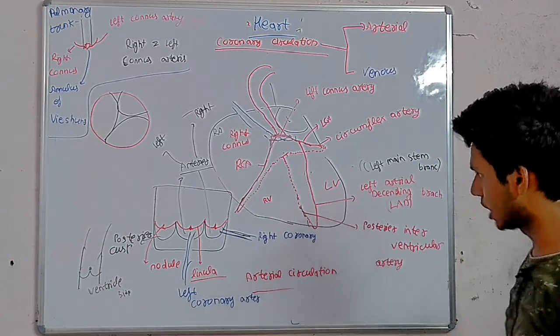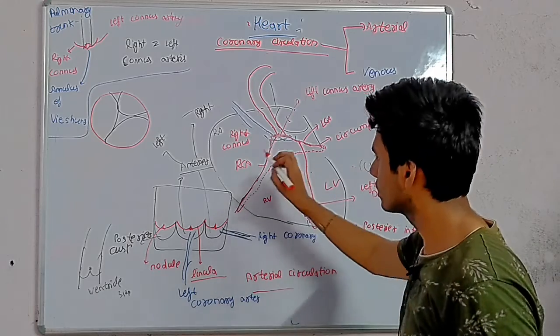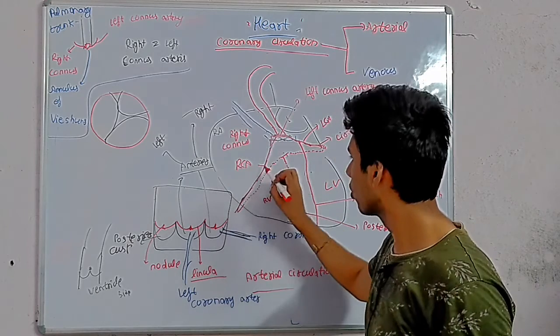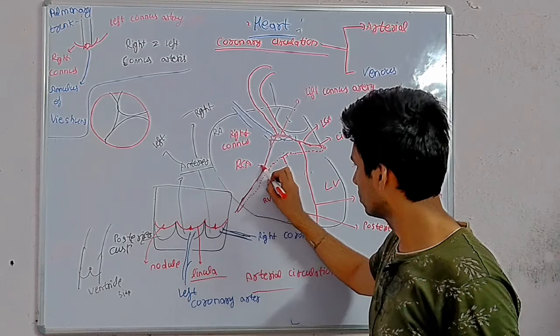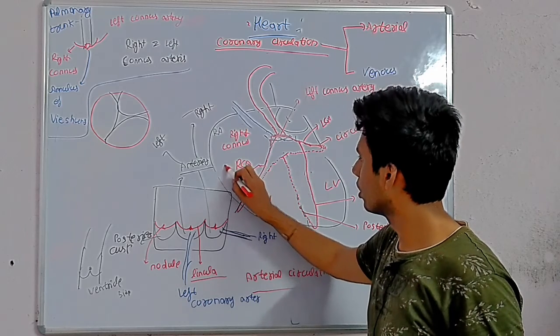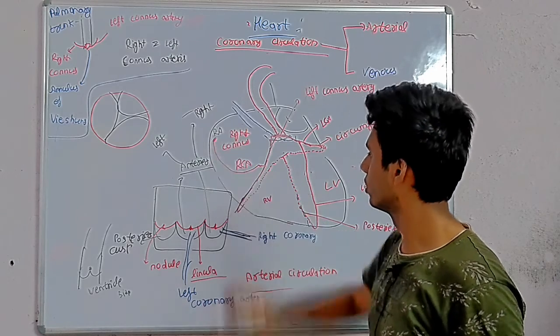So these are the two branches, and one branch of the right coronary artery supplies the SA node. A branch goes here to supply the SA node.